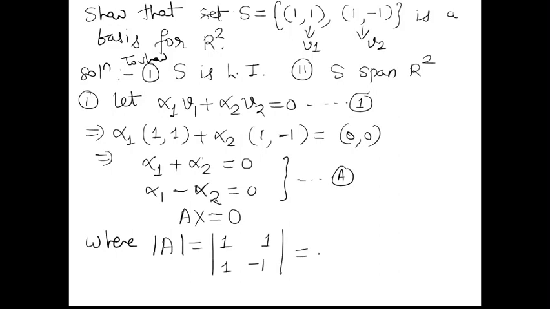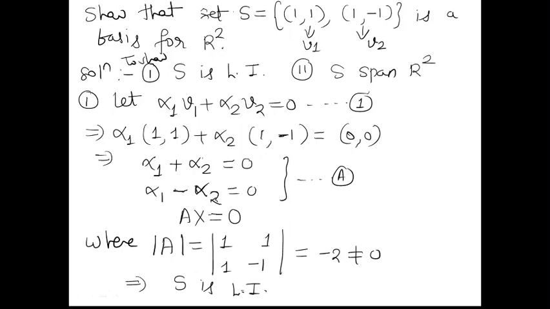This comes out to be minus 2, which is not equal to 0. We know that when the determinant of A is not equal to 0, the set is linearly independent. Hence, the first result is proved.